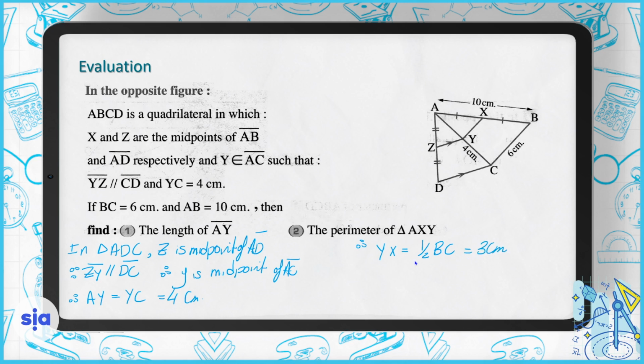And also, AX is half the AB, which is 5 centimeters. So, the perimeter of triangle AXY is 5 plus 3 plus 4, which is 12 centimeters.